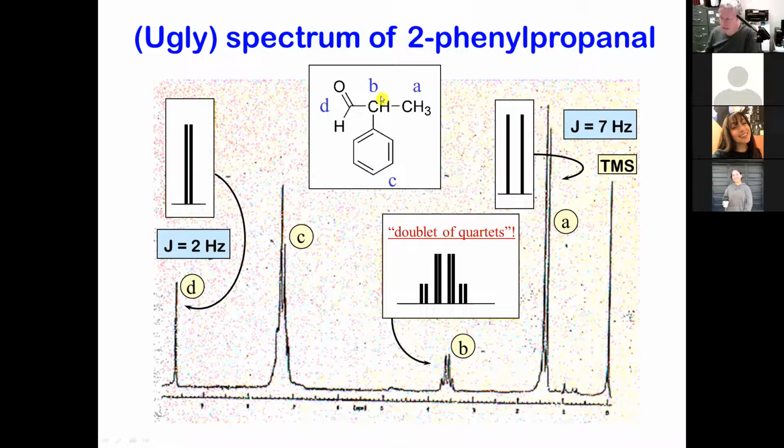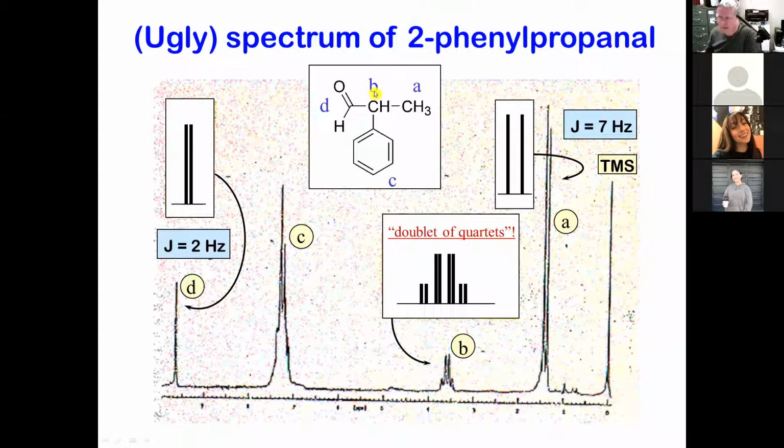Okay, so now when we look at B, which is this weird signal, it sees a CH in one direction and a CH3 in the other direction. And when it sees a CH3, it's like, well, I'm going to be a quartet, because it's a CH3, 3 plus 1 is 4. But it also sees the next door aldehyde proton, which is a single proton, with a different J value, a small J value, 2 hertz.